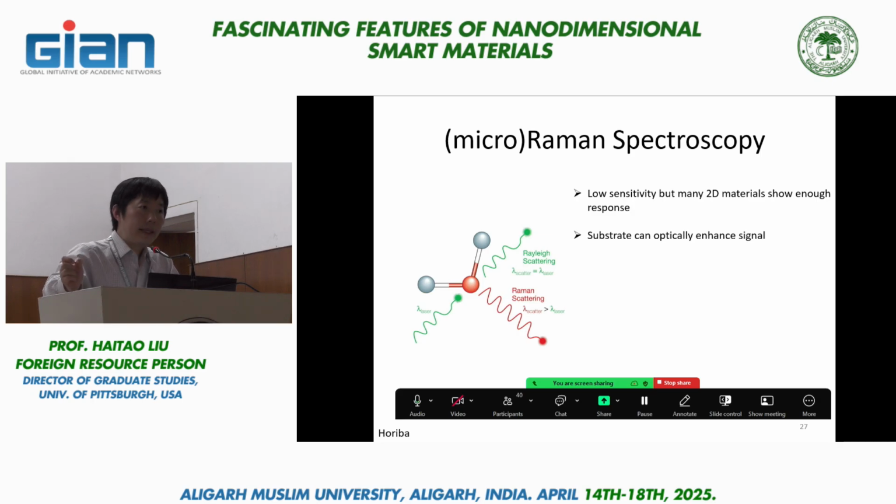Sometimes you will encounter a low probability event. There are two kinds of low probability events. In one case, a photon comes in, and your molecule is in a vibrational ground state.